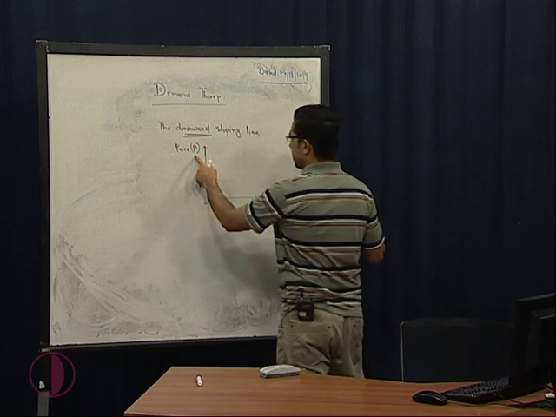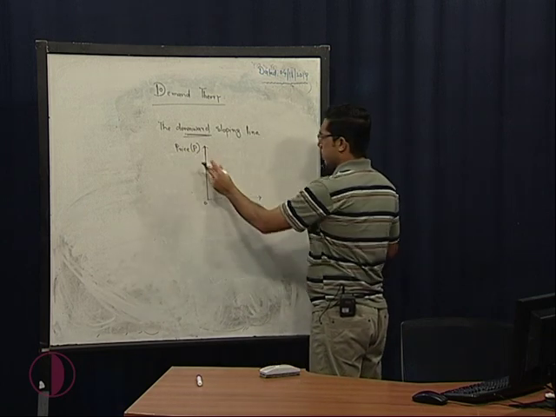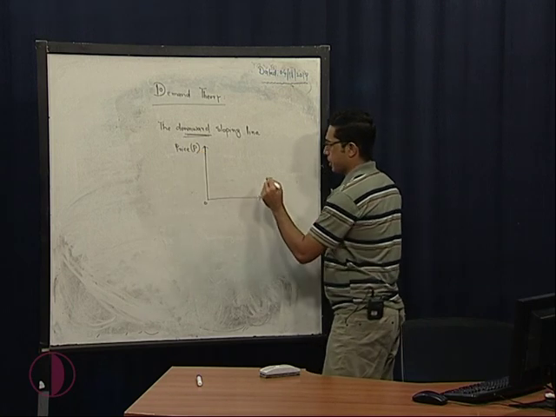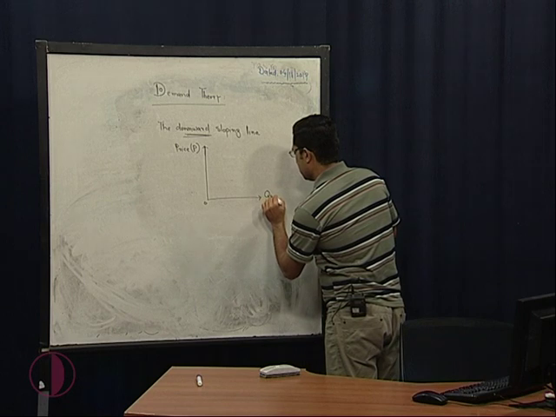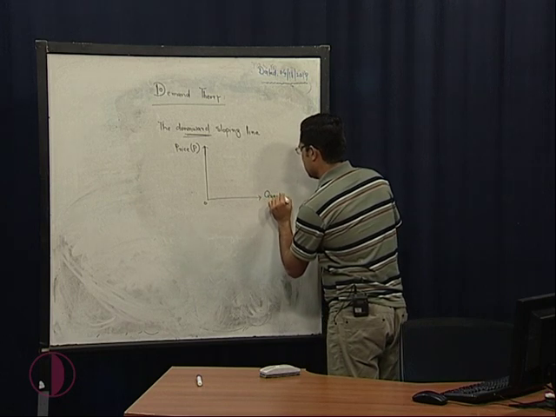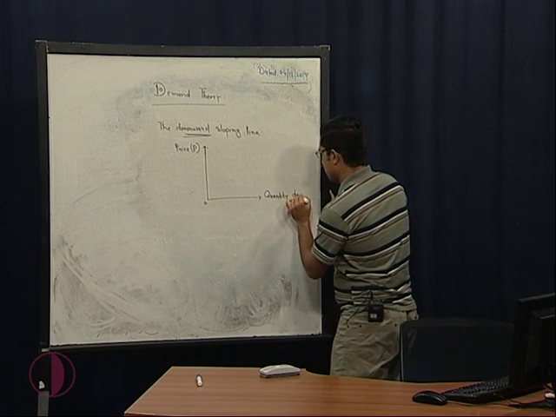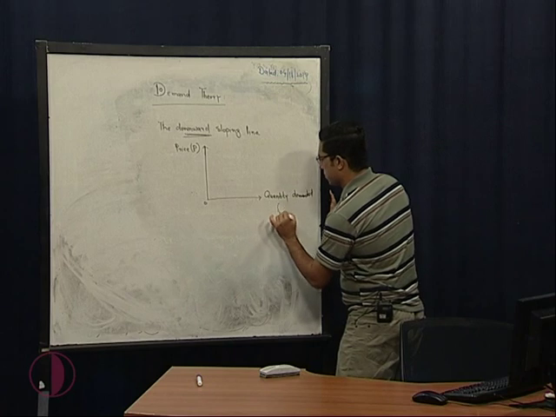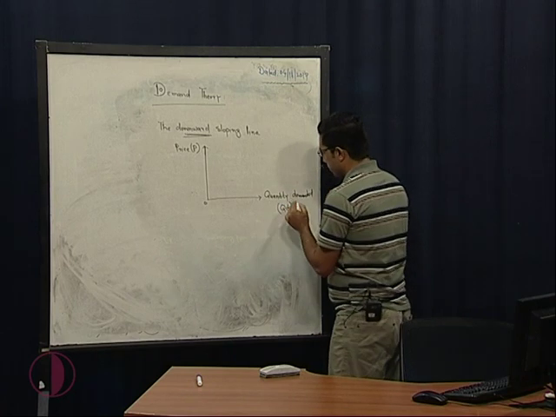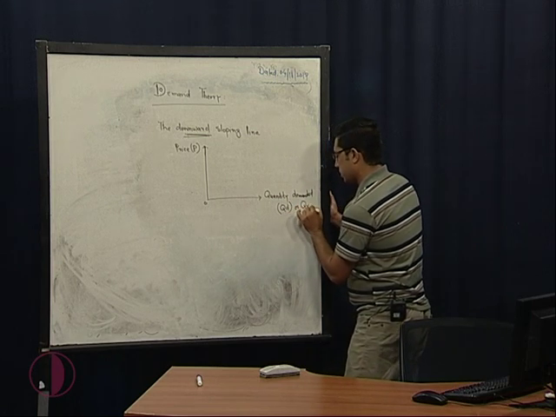We denote price by capital P in economics, and quantity demanded, QD or QX.